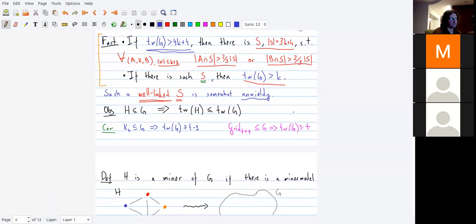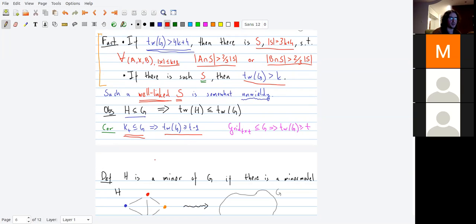One way to look at it is the following. Obviously, if I've got a subgraph of a graph, then the treewidth is not larger, because I can just throw away some vertices, throw away some edges, and this gives me less to embed and fewer constraints on the embedding. So obviously, if in a graph I find a clique on t vertices, then the treewidth must be at least t minus 1.